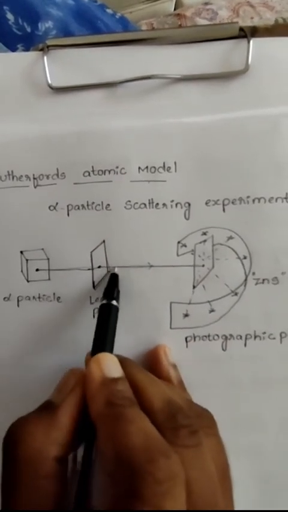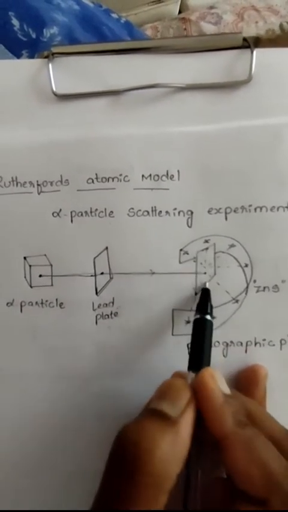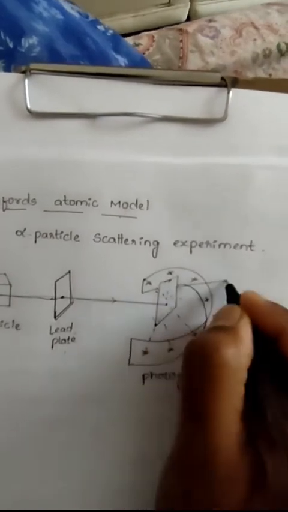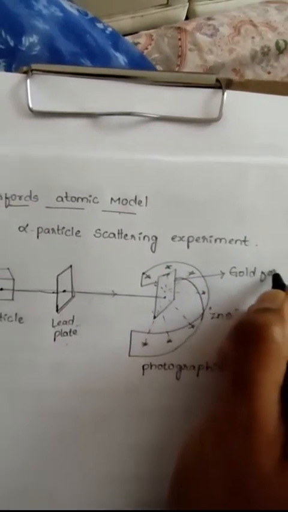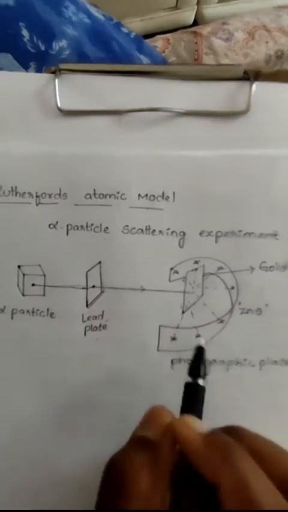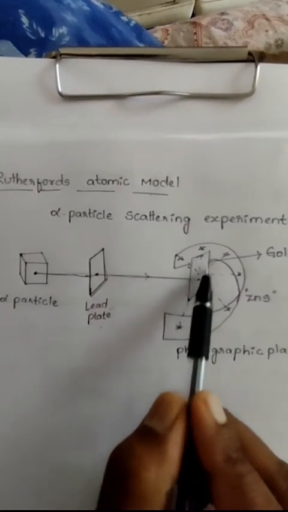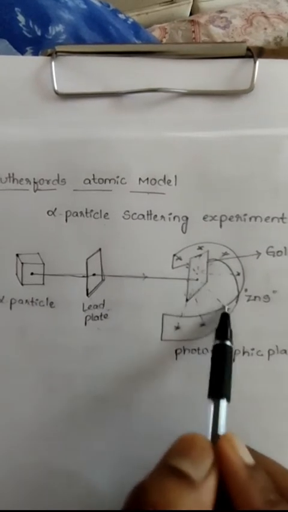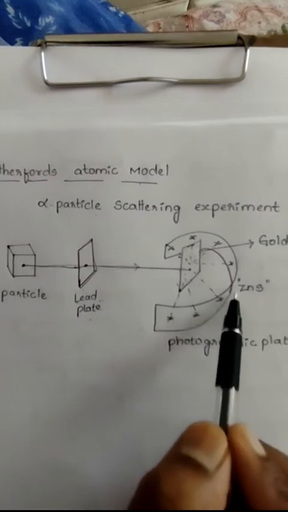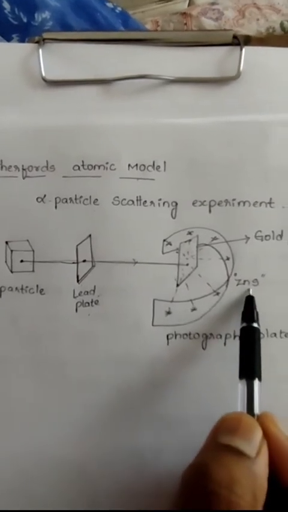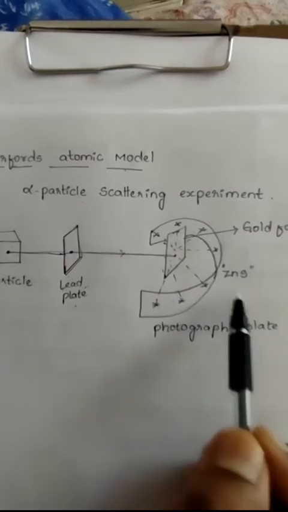And then these alpha particles are made to be incident on a thin gold foil. When these alpha particles get scattered, they are incident on the zinc sulfide coating on the photographic plate.